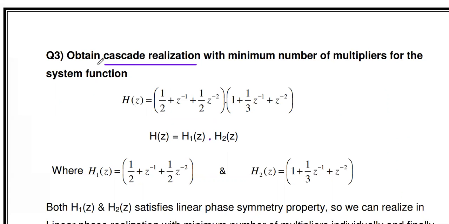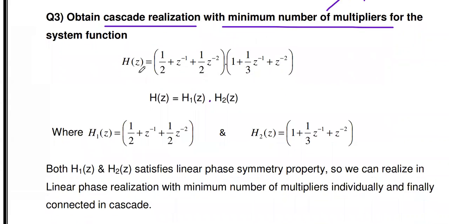Here you see the question, the same thing, obtain the cascade realization, but with the minimum number of multipliers. With the minimum number of multipliers means automatically we have to use linear phase realization. So here linear phase realization with the cascade realization we have to use. So you see the problem. What is the problem given?